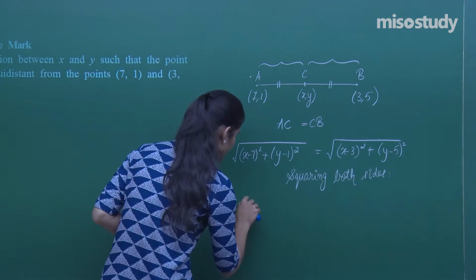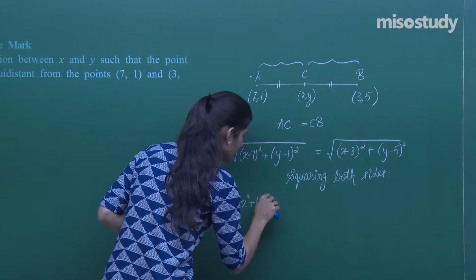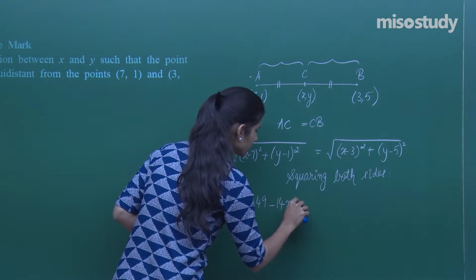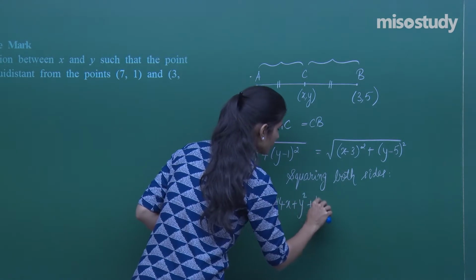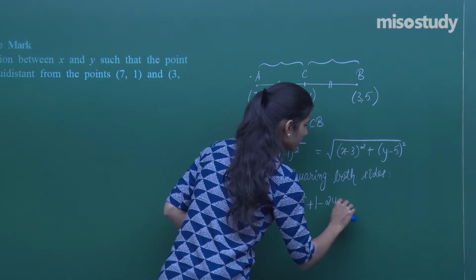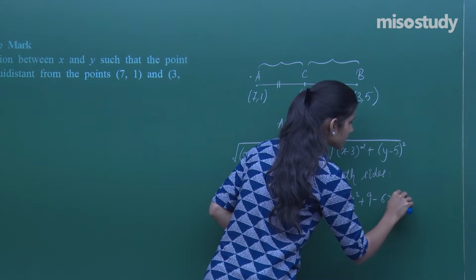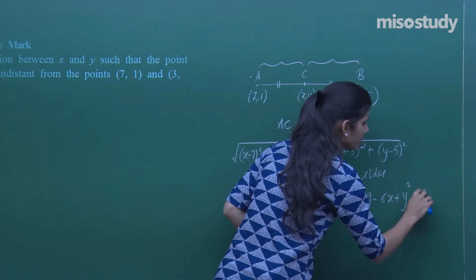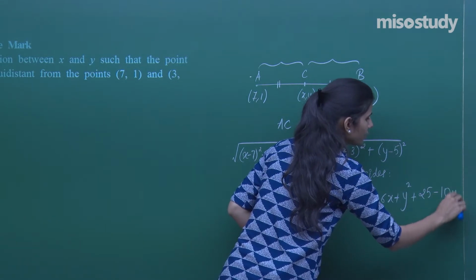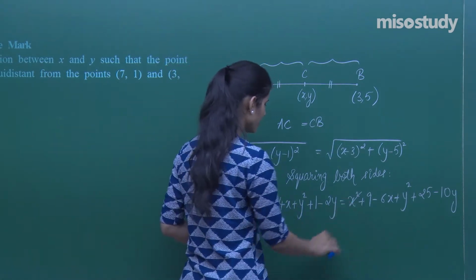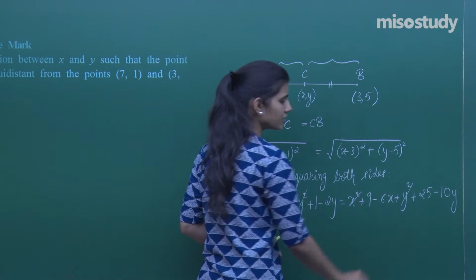Open this up, you get x square plus 49 minus 14x plus y square plus 1 minus 2y equals x square plus 9 minus 6x plus y square plus 25 minus 10y. So this gives you x square cancels out from here and here, y square cancels out from here and here.